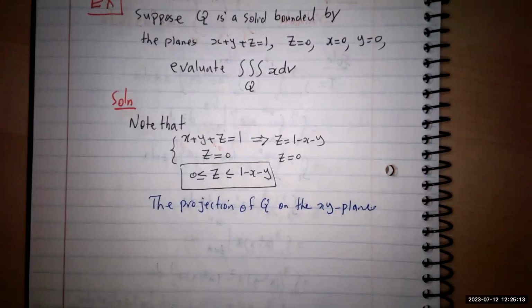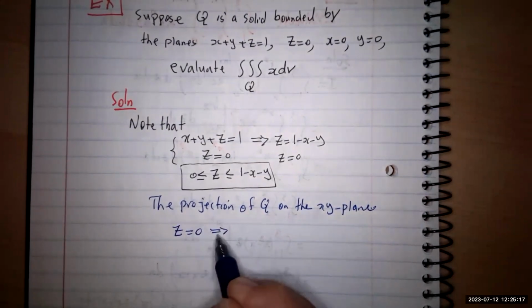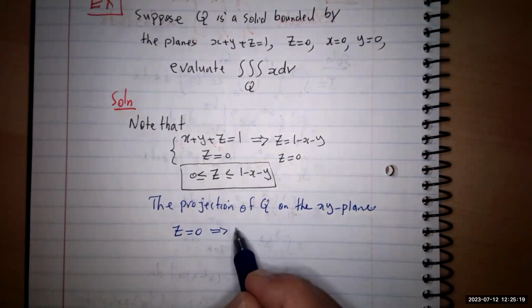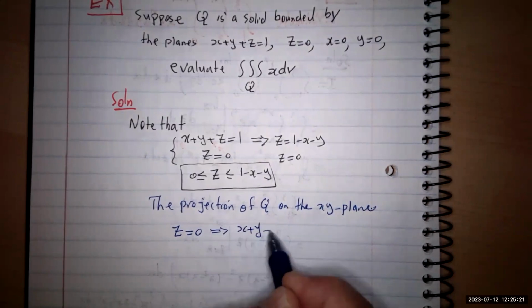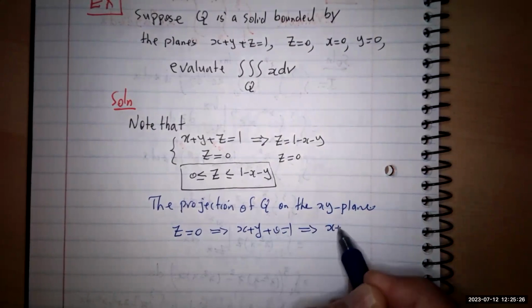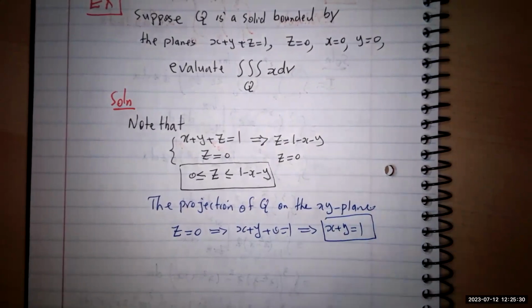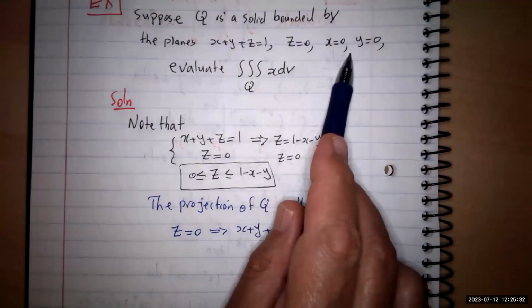If you drop it down, this means you replace the z by 0. So dropping down gives you this equation: x plus y plus 0 equal to 1. So the result in two-dimensional is this one, and the information that you already got.